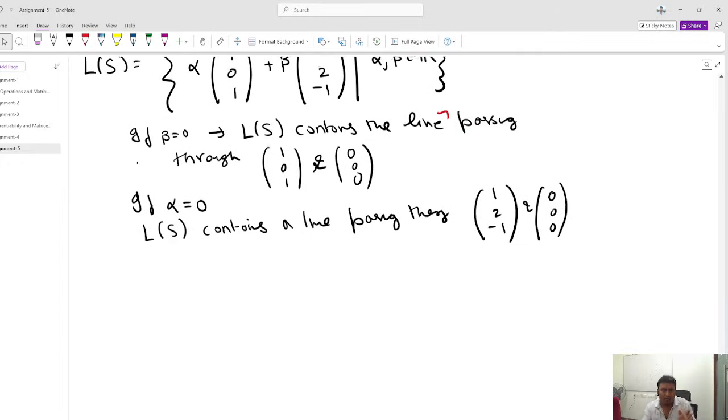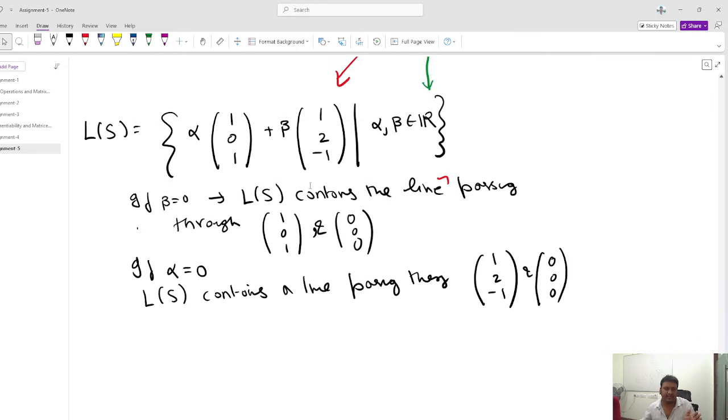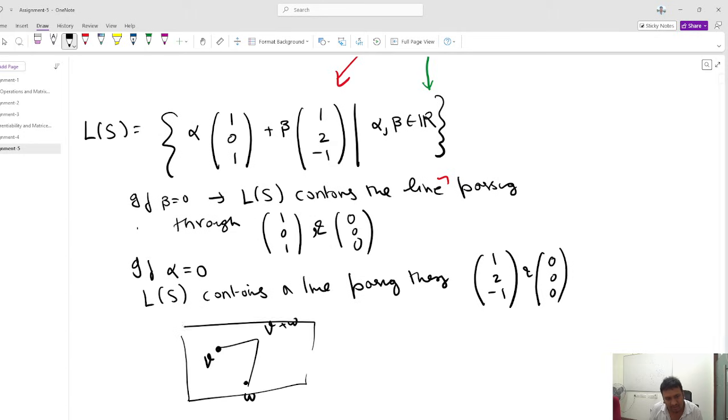Now, what exactly happens when you have one vector v and another vector w? What does this v plus w represent in vector calculus? It is the same vector on the corresponding plane, right? How do you add the vectors?